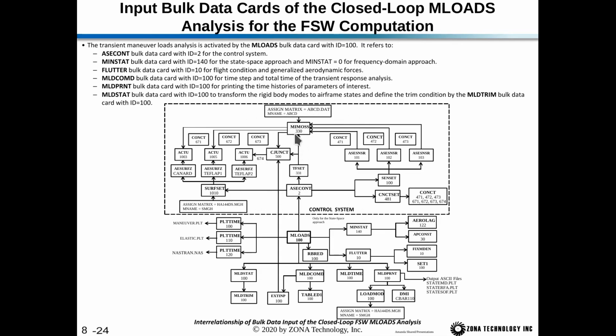So we have our MIMO-SS, which is our LQG controller, and then this is our C-junct, which is adding together the external input. So we have our external input. That's one of the inputs to the C-junct. The MIMO-SS is the second input to the C-junct, and then the output of this C-junct is fed to the actuator. Whereas our other 2 control surfaces are directly connected to the controller, the MIMO-SS here.